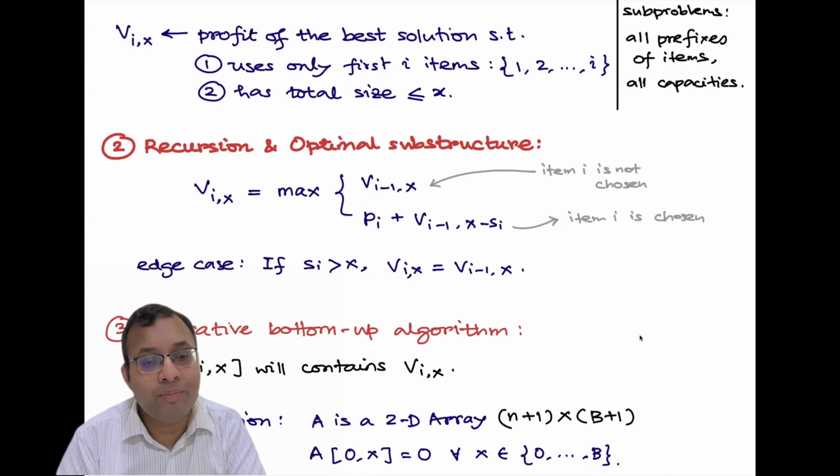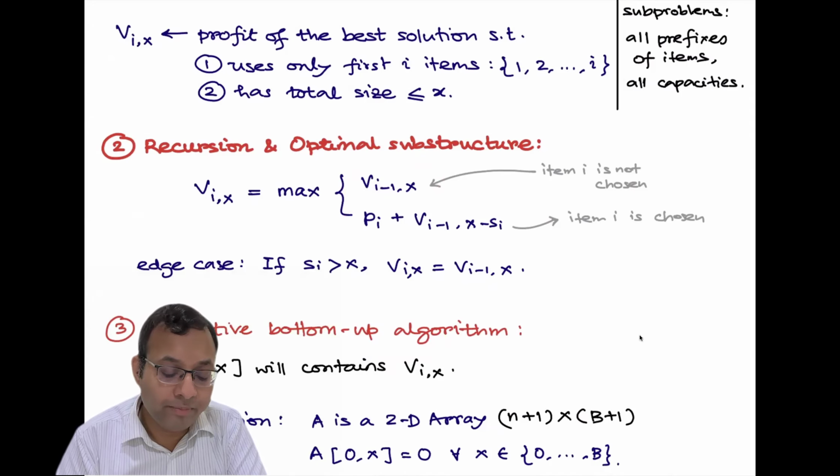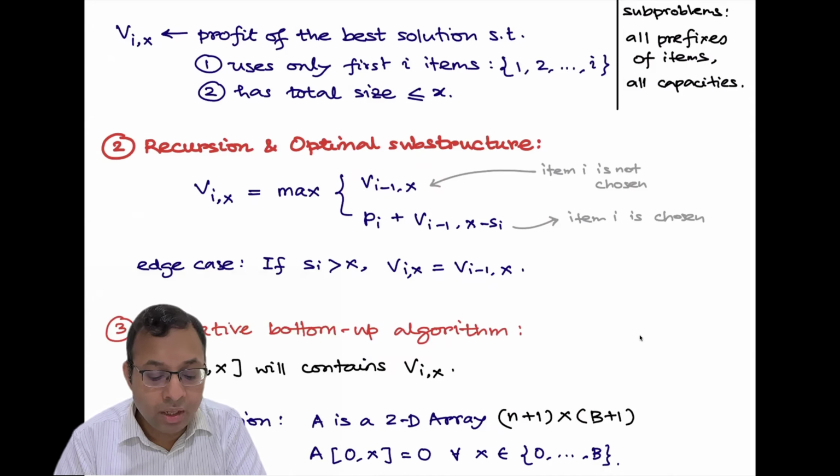Here I'm using a_i and i interchangeably. Then we are left with i minus 1 items. We cannot use item i anymore, it's already used, and we are left with x minus s_i space, since the item has size s_i. So we can only use the remaining x minus s_i amount of space.